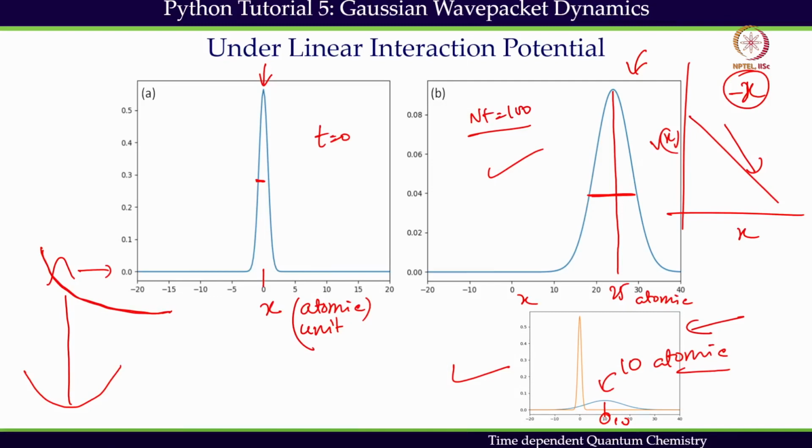One can use Gaussian calculations, Molpro calculations, and find out the potential, and that potential can be used to check how the particle is actually moving on it, representing the dissociation of a chemical bond.